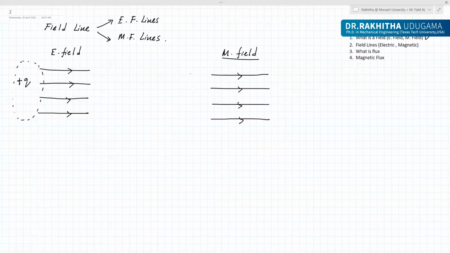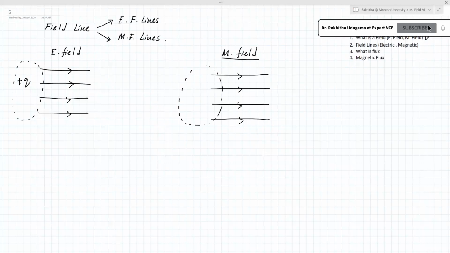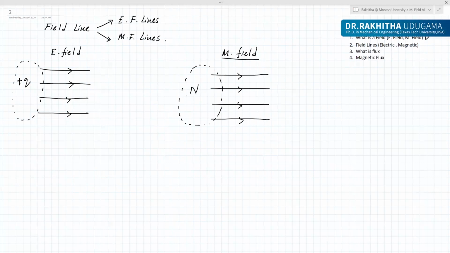When it comes to magnetic field lines, here you can consider you have a big north pole. Okay, so field lines originate from a north pole. Okay, so these are called magnetic field lines. These are called electric field lines.